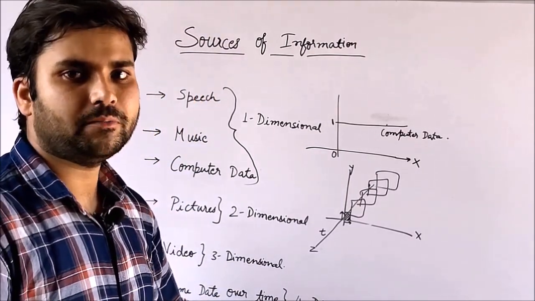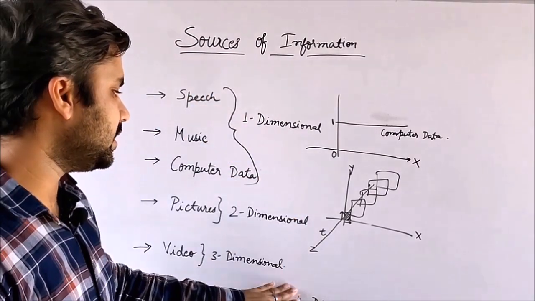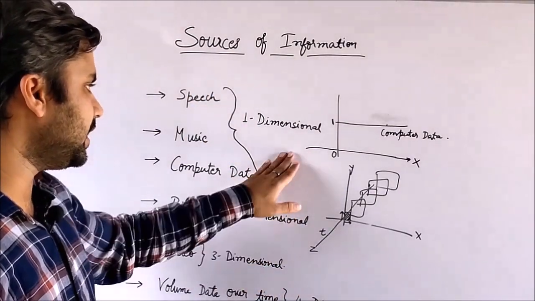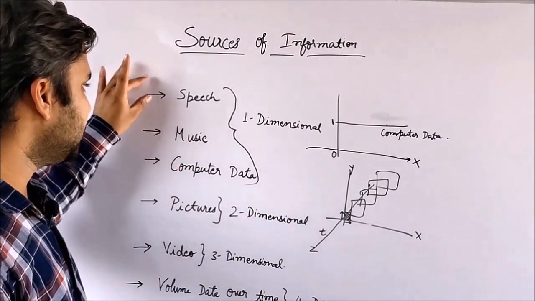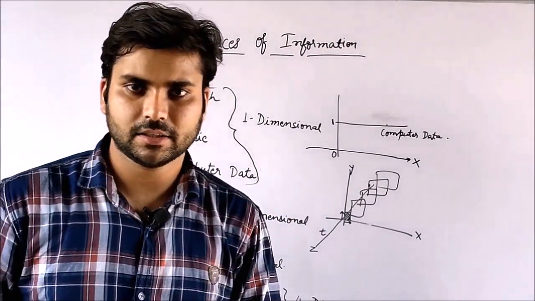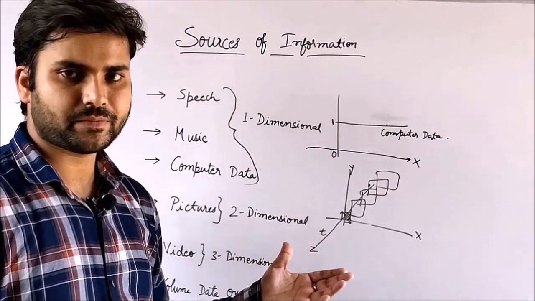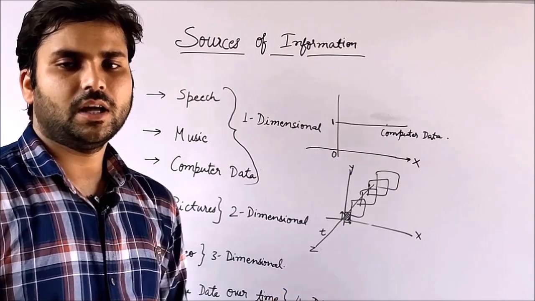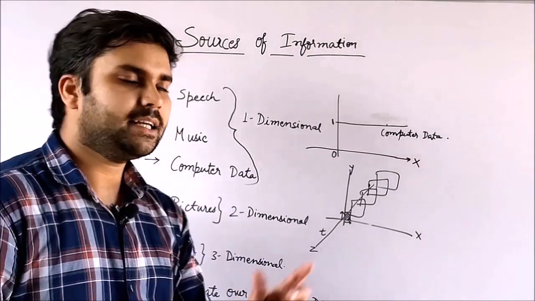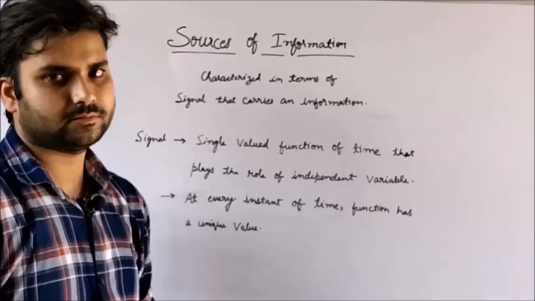So basically we have different types of information: speech, music, computer data, picture, video. Okay, I hope the sources of information are clear to you. Now we will be looking at each one of these in a bit more detail.